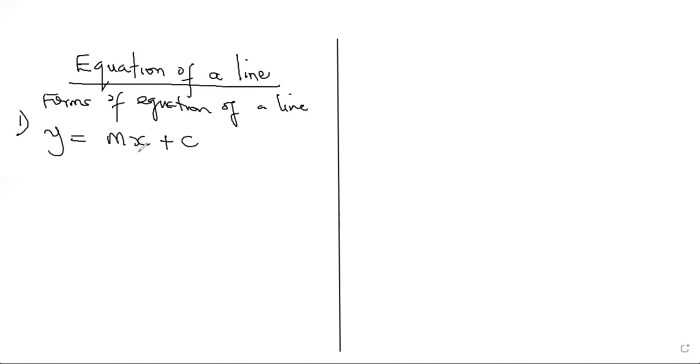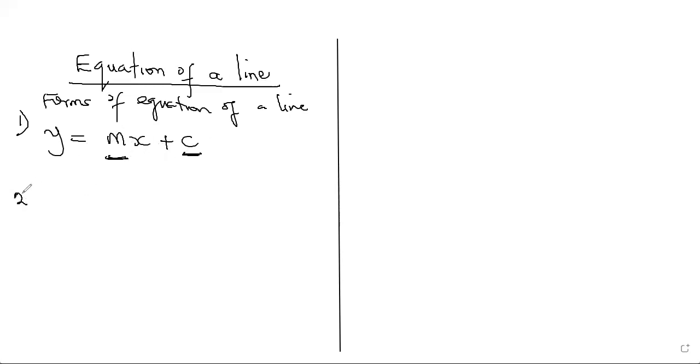To use this form, you need to know the gradient of the line and the intercept of the line. Once you calculate m and you determine c by any means, you can write the equation of the line. In the final equation, y and x will appear, so the only thing you need to figure out will be m and c.